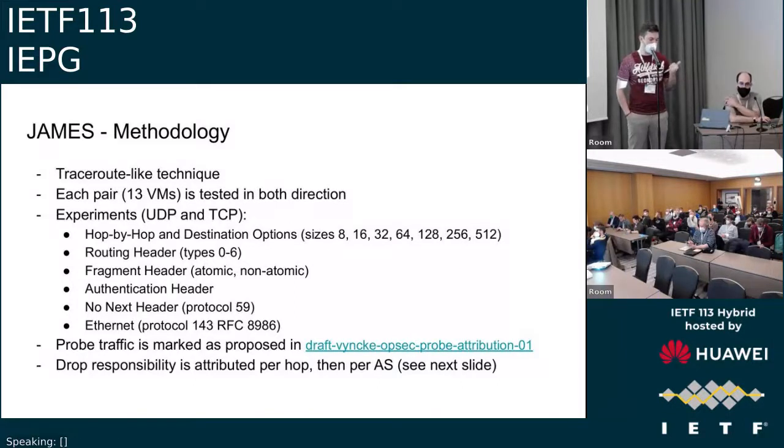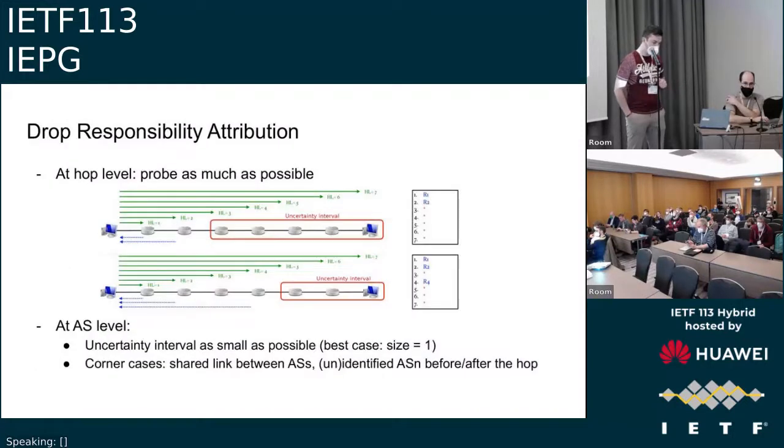And we also try to attribute the drop responsibility, firstly per hop, and then obviously per AS. And that's where problems come. So problems first at hop level, because you have to probe as much as possible, but still you have to respect the network, so you don't introduce too much burden.